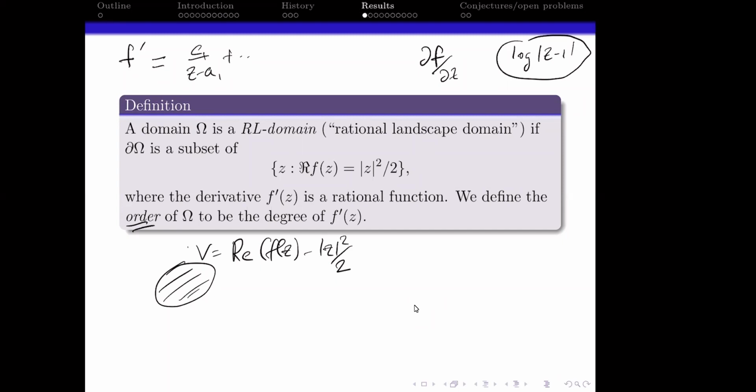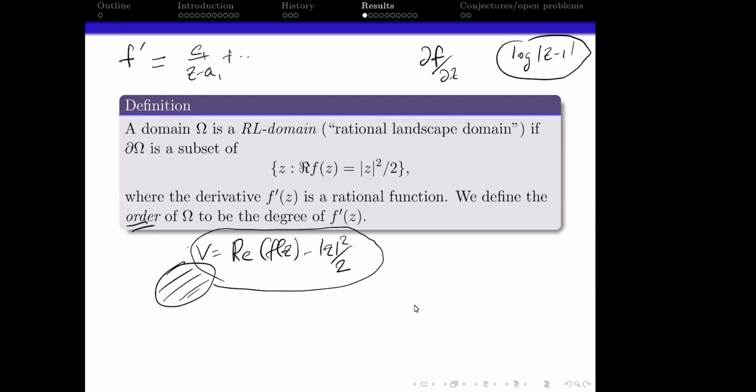In particular, for such an RL domain, the landscape function is immediate. It is actually the defining function of the domain itself. If you take the Laplacian, real part f is harmonic, so that part will vanish. You will just have minus mod z squared by 2, and that gives you the minus 2.